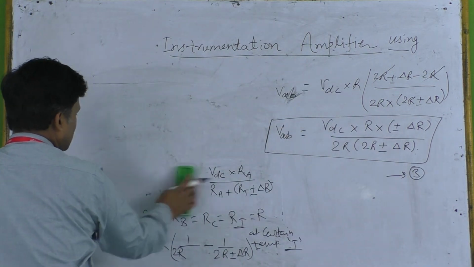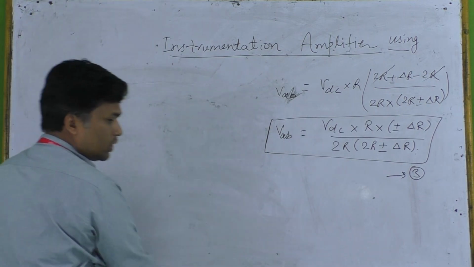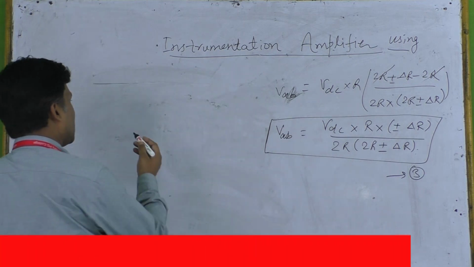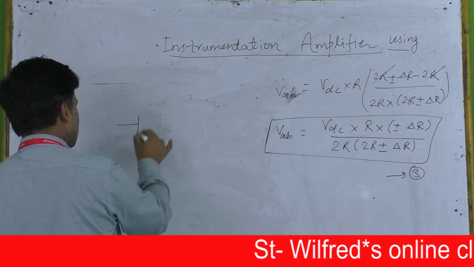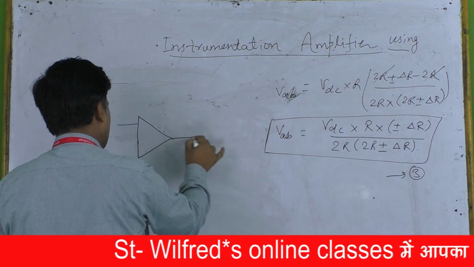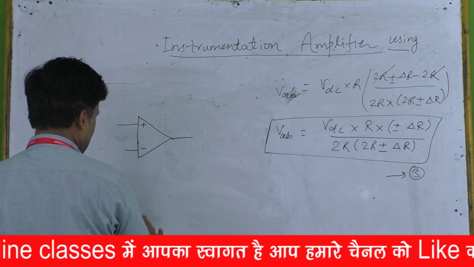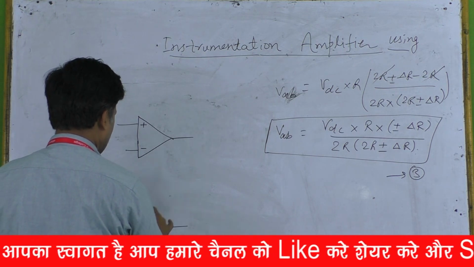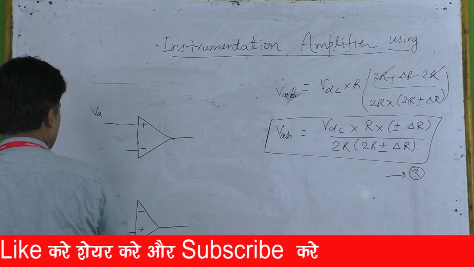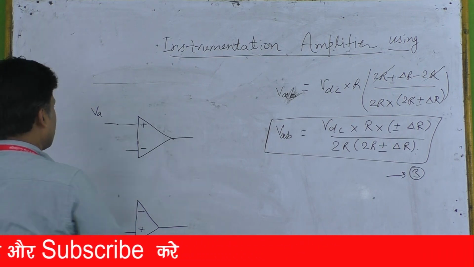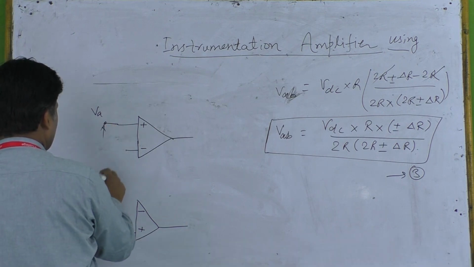Now we have the next section, the instrumentation amplifier. So the circuit diagram of the instrumentation amplifier is, we will use a buffer at the input stage of this instrumentation amplifier. Here is your VA and VB, which we have calculated over there, that is the difference between these two is VAB.